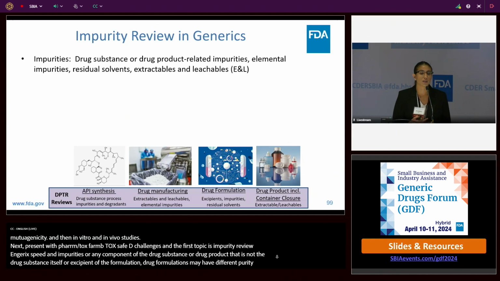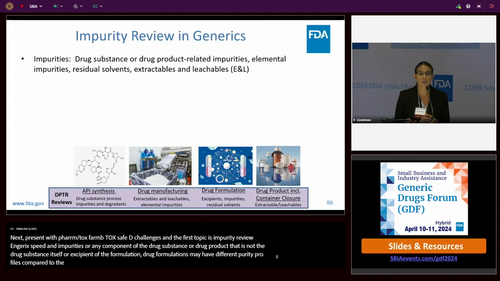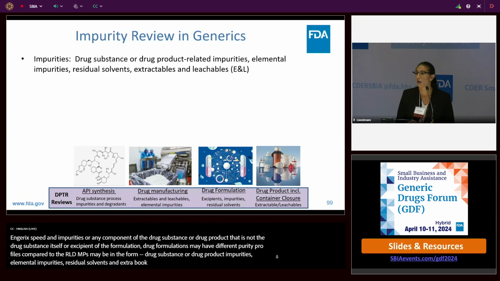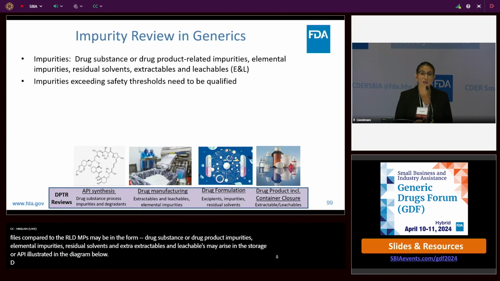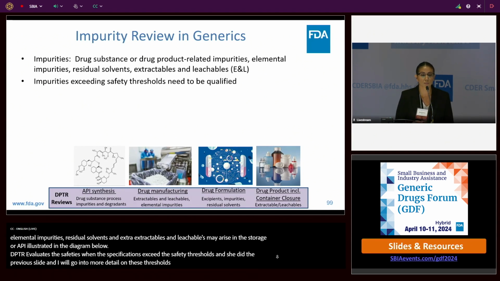And these may be in the form of drug substance or drug product related impurities, elemental impurities, residual solvents, and extractables and leachables, which may arise during the manufacture and or storage of the API or final drug product, as illustrated in the diagram below. And DPTR evaluates the safety of impurities when their specifications exceed the safety thresholds that I mentioned in the previous slide. And I will go into more detail on these thresholds in the coming slides.